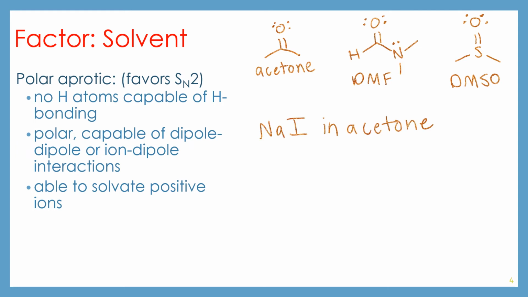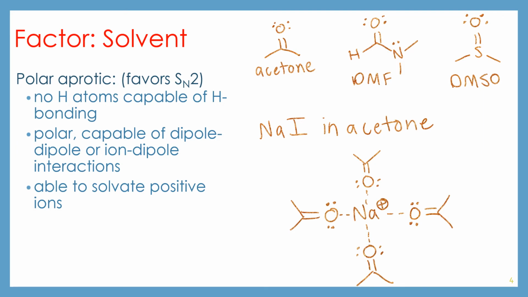So for example, if you put sodium iodide in acetone, the sodium and the iodide are going to separate. And in an SN2 reaction, what we want is for the iodide to be free to act as the nucleophile. And since the rate of the SN2 reaction does depend on the concentration of iodide, we want that concentration of iodide to increase rapidly.